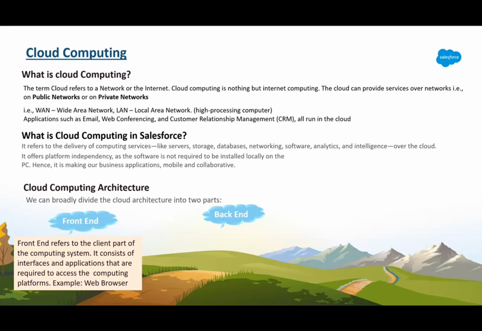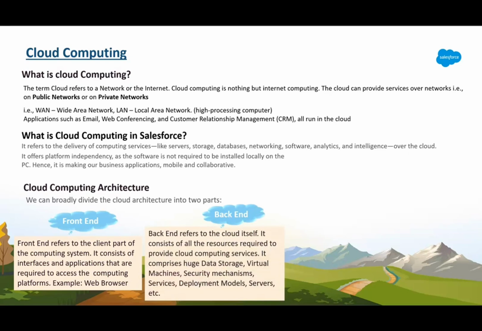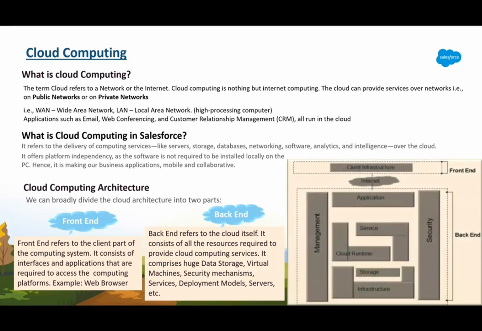When we talk about the back end, the back end is actually the cloud itself. It consists of all of the data storage, virtual machinery, security mechanisms, deployment models, runtime, and application data, and all of it comes under the back end. You can better understand these two architectures from the picture.